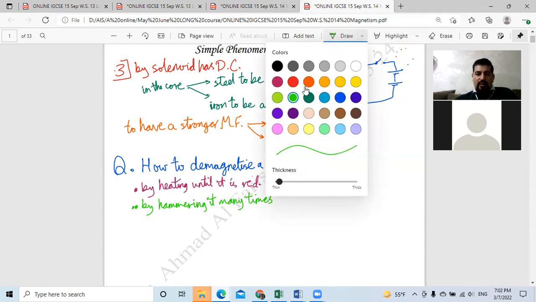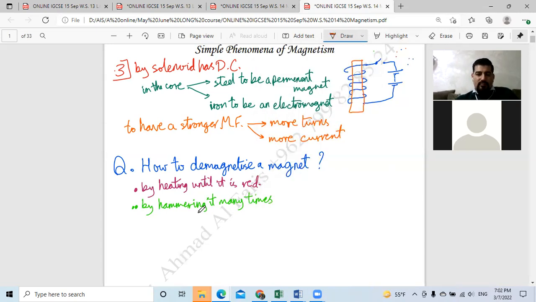And number three, by putting it inside a solenoid that has not direct current but alternating current. Instead of having a battery, we have an AC source.